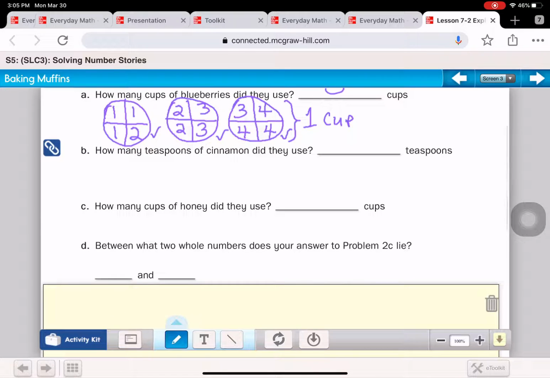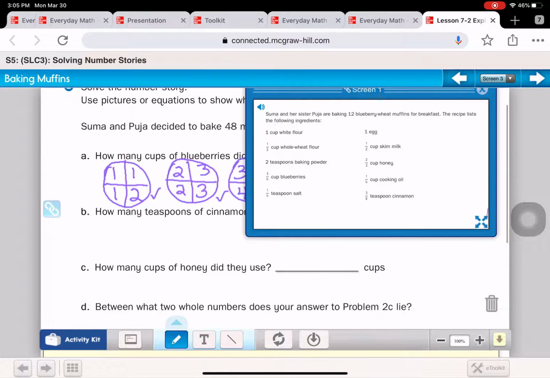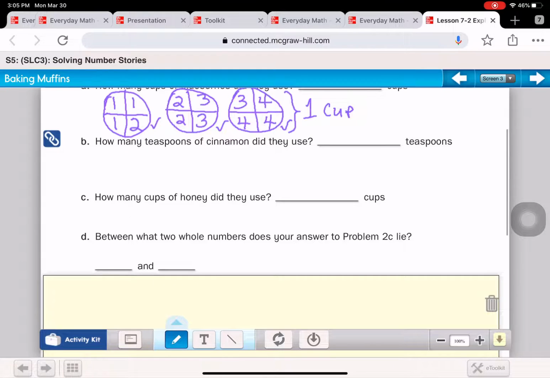How many teaspoons of cinnamon did they use? And cinnamon, they use 3/8 of a teaspoon. And I'm going to use the relational thinking for this. So if I have 3/8 and 3/8, this gives me 6/8.